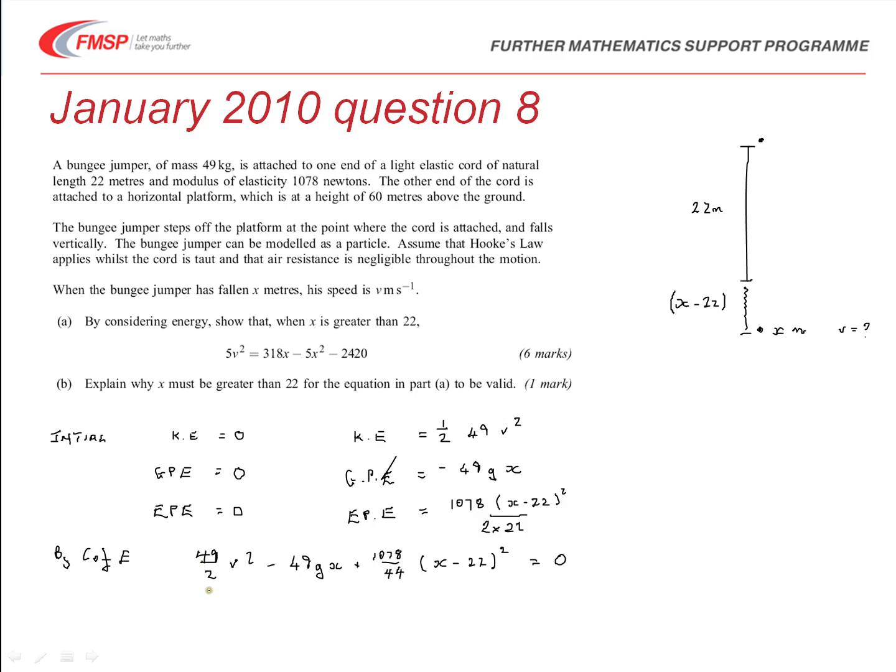So what should we do first? Well, we can get the fact that v squared will equal 2gx minus, because we're taking that across to the other side.